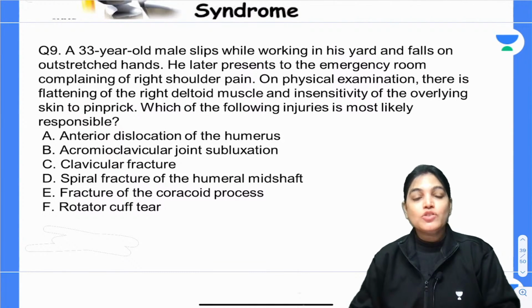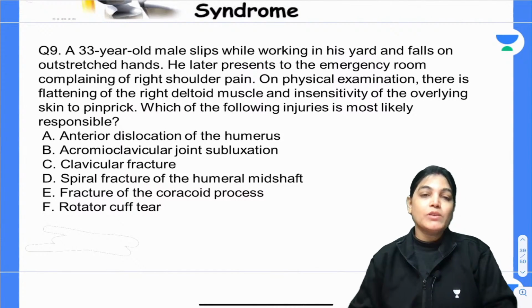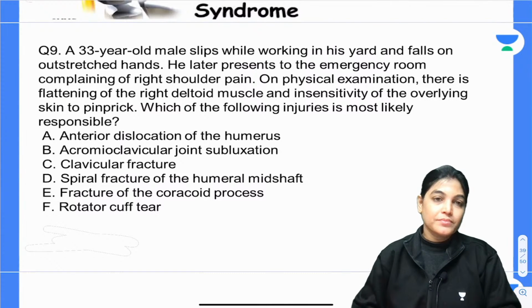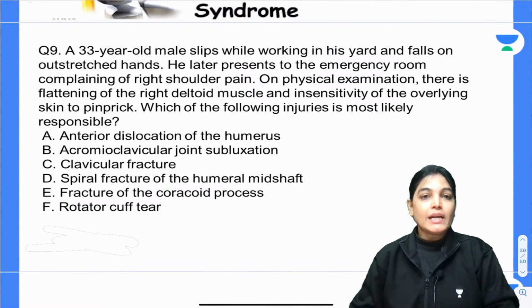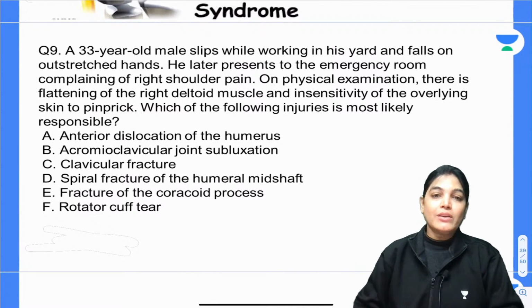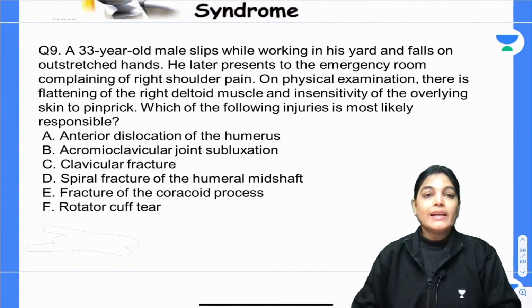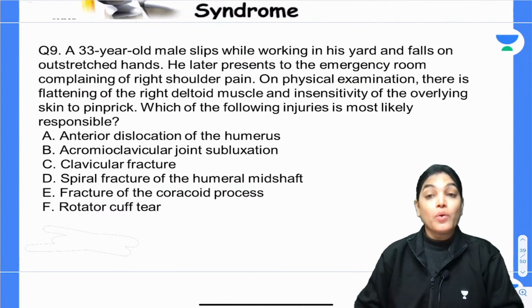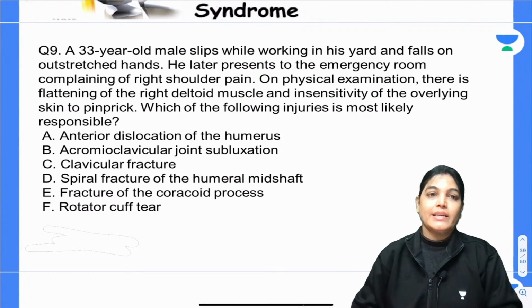Which of the following injuries is most likely responsible for the case? The options are anterior dislocation of humerus bone, acromioclavicular joint subluxation, clavicular fracture, spiral fracture of the humeral midshaft, fracture of coracoid process, rotator cuff tear. What is the correct answer? Question number 9.